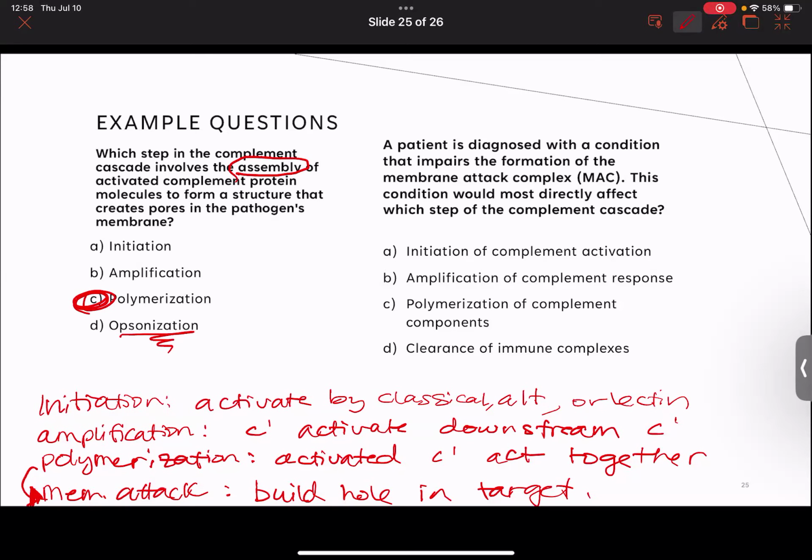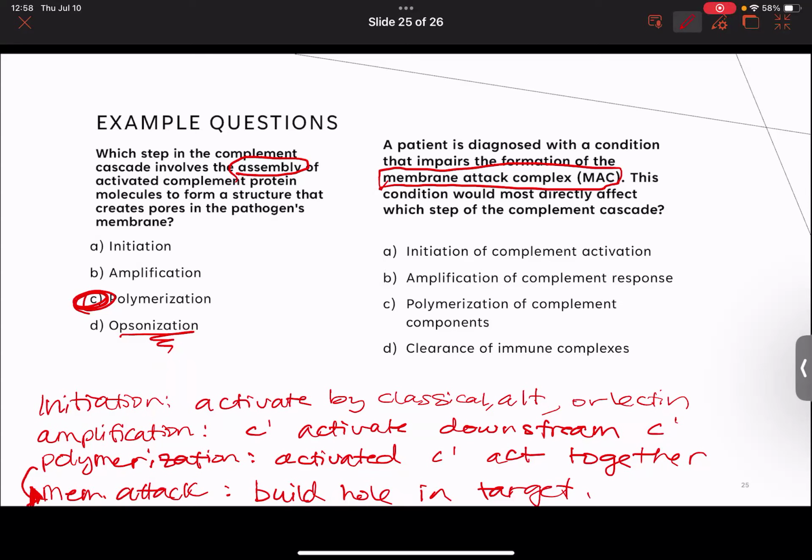A patient is diagnosed with a condition that impairs the formation of our membrane attack complex, the hole that we would build as a result of complement. This condition would most directly affect which step of the complement cascade. If you're impeding the ability to form the membrane attack complex, then you're impeding that polymerization step. So you can't build your membrane attack complex.